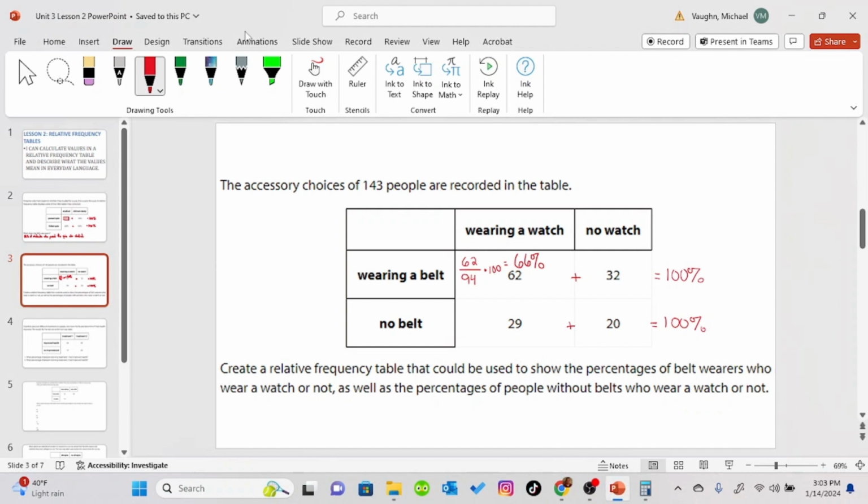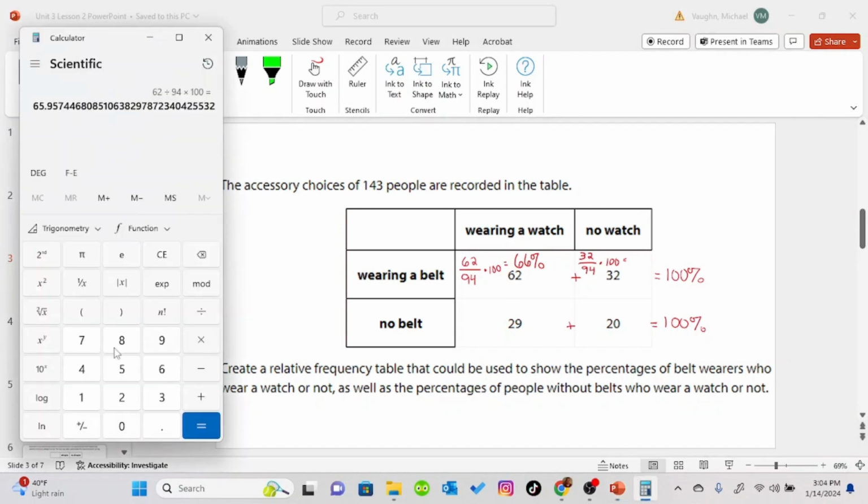For the next box, we're going to take 32 and divide it by that same 94 because we still only want to include those wearing a belt, and multiply it by 100 to get the percentage in this box.